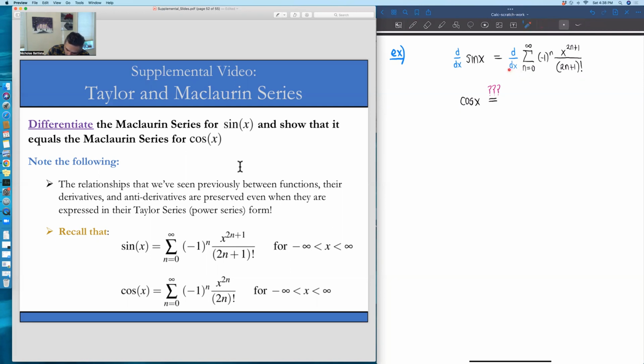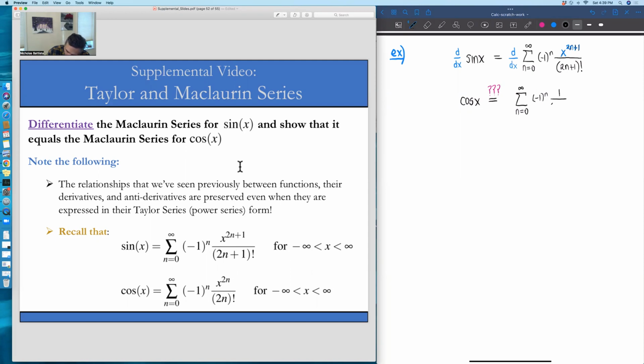Well, we have our derivative. We want to take a derivative with respect to x of whatever's on that right-hand side. However, the only thing that has x's attached to it is that x to the 2n plus 1 power. So we can think about this derivative as passing by the summation n equals 0 to infinity. It passes by the minus 1 to the n because it has no x's attached to it.